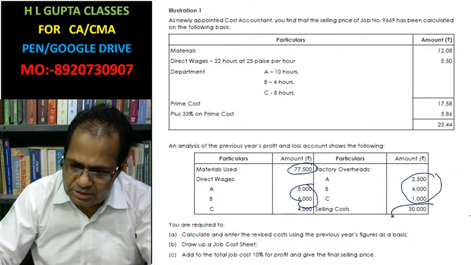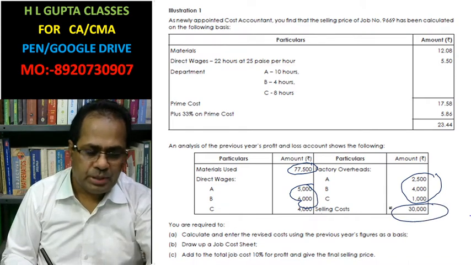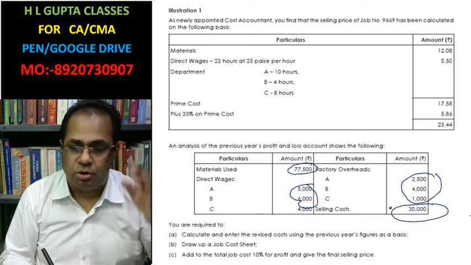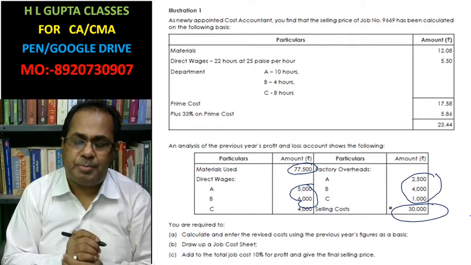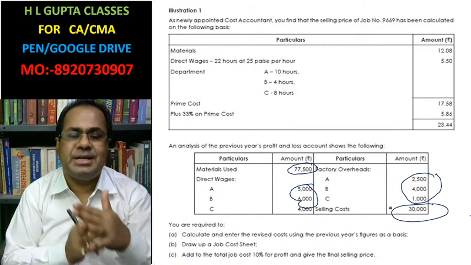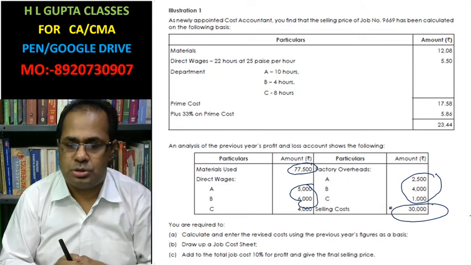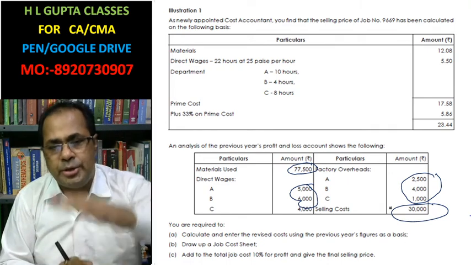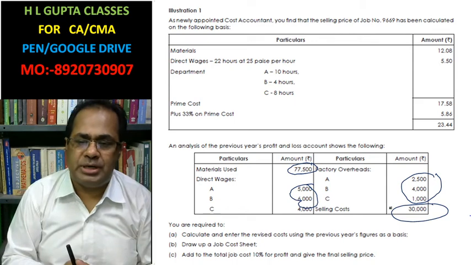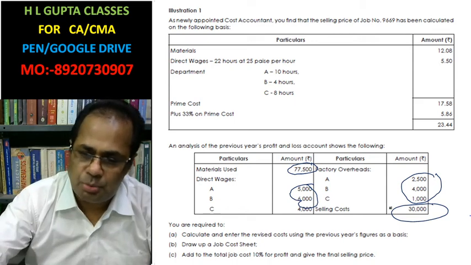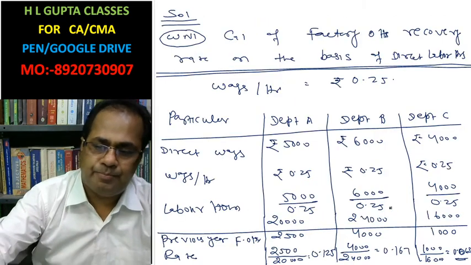Thereafter, 30,000 selling cost is given. After calculating it, you can find the percentage of selling cost on the basis of work cost. Using this, you can calculate the selling price of the job 9669.